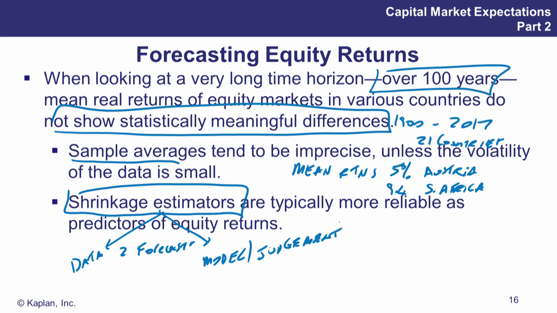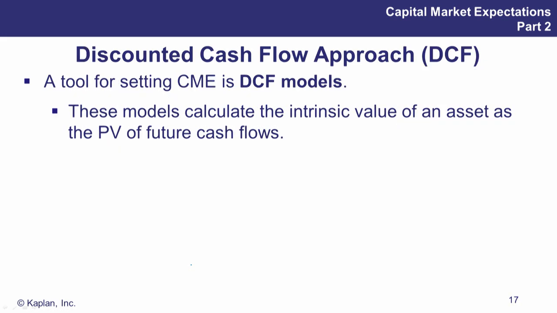And the idea of a shrinkage technique is to choose a weighting. So you have a weight times the past and a weight times your own judgment coming in. And they're saying that's a lot more predictable than purely relying on the past.